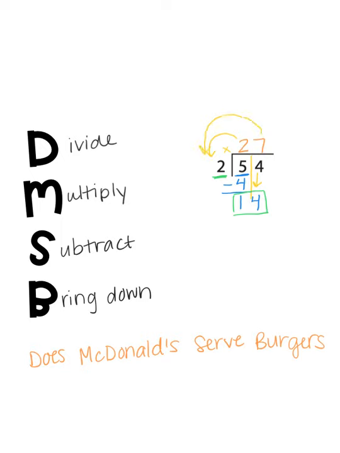So 7 times 2 is 14, and when I subtract, I get 0. When you subtract and get 0, you know that you're done with the question and there's no remainder. So my answer would be 27. So 54 divided by 2 equals 27. 27 is the quotient.